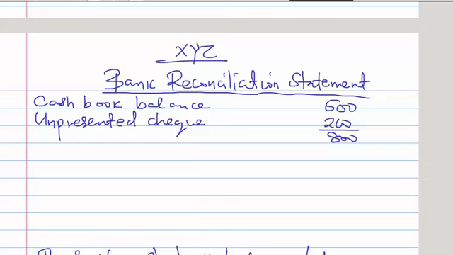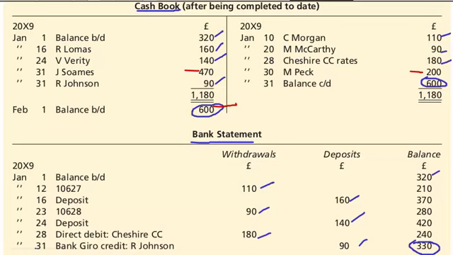And then the next transaction that wasn't taken into account by the bank was the 470. We received a payment by a client, and we have deposited the check, but then the bank hasn't credited us because they haven't received the funds from the client's bank, and so we need to reduce this to get to the bank balance.